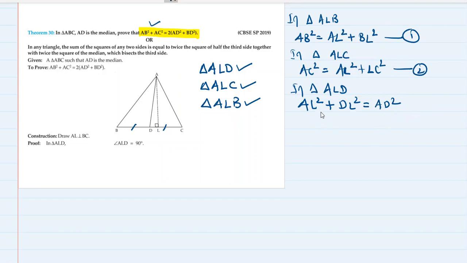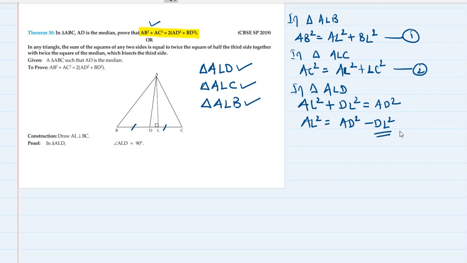Now from this, just pay attention. I'm going to find the value of AL square. What is AL square? AD square minus DL square. Remember this. AL square is AD square minus DL square.